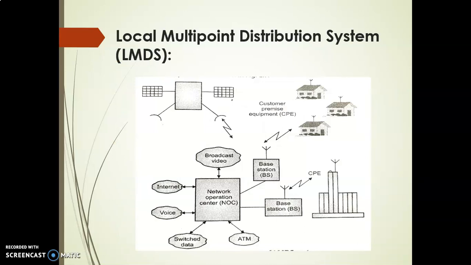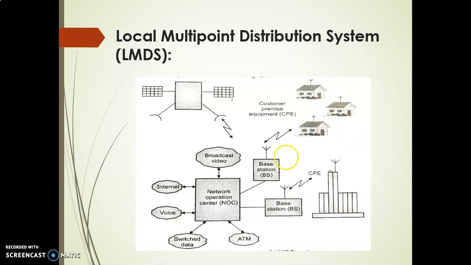Okay, now next system we will see is the local multi-point distribution system. First we saw the WLL, that is wireless local loop, and second is LMDS, that is local multi-point distribution system. Here you can see this is the diagram of the LMDS.